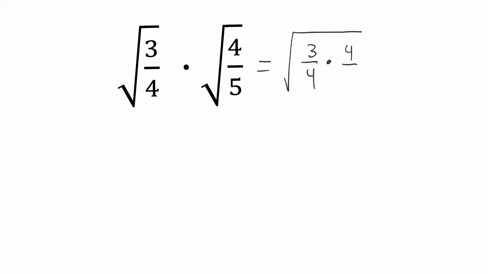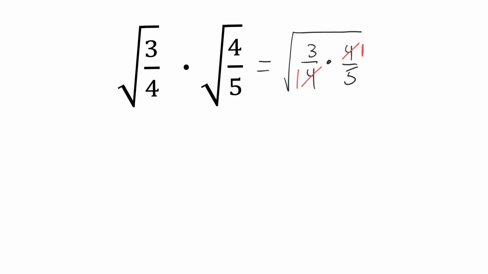Now when you multiply fractions, you can cross simplify, or you can check if you can cross simplify. And I can. In this case, you have 4 and 4 across from each other, one's on the bottom, one's on the top. So we can simplify those numbers by 4. You can reduce by 4. So 4 goes into 4 one time, and the 4 goes into 4 one time. Now the numbers across here, 3 and 5, you cannot simplify, so you keep those as they are.